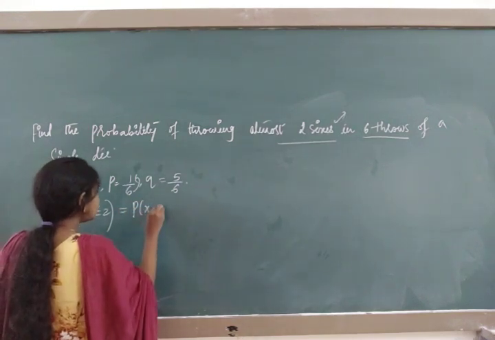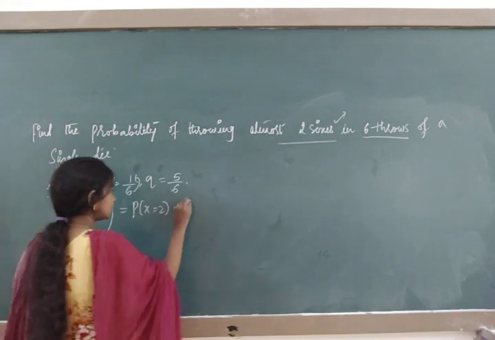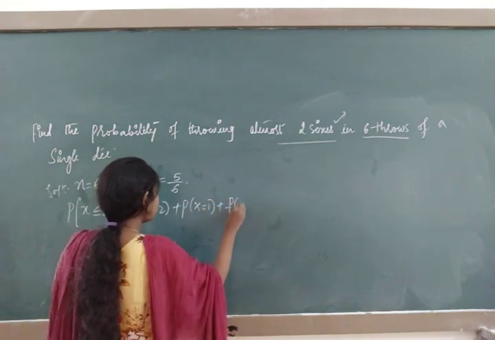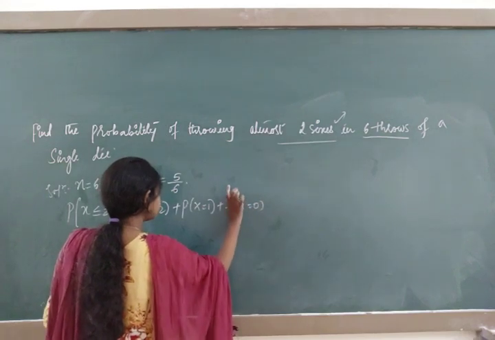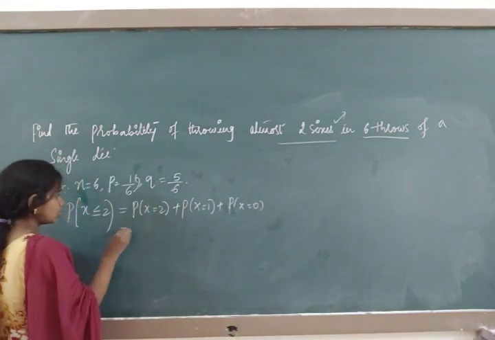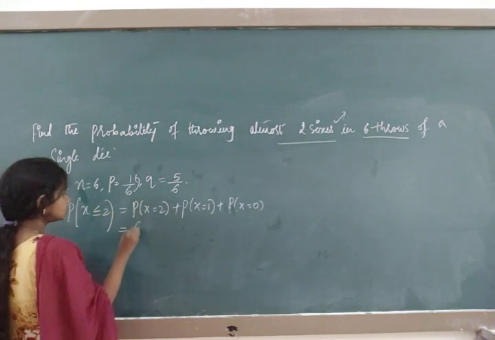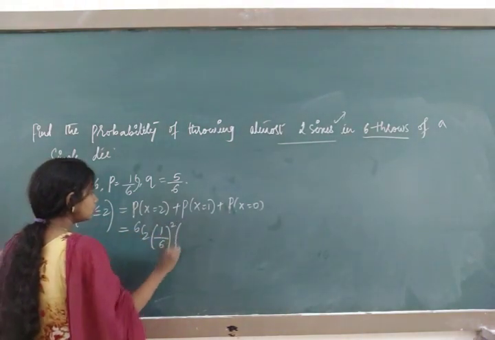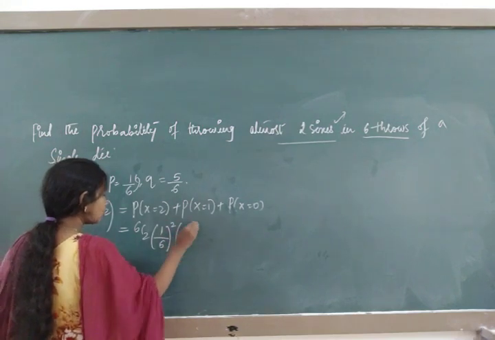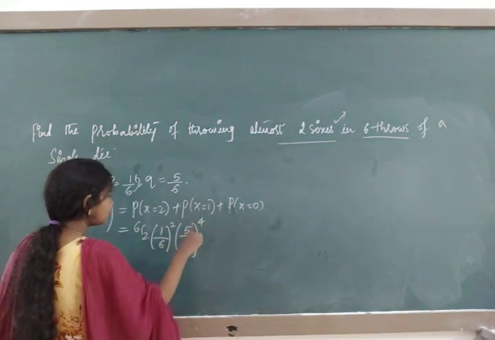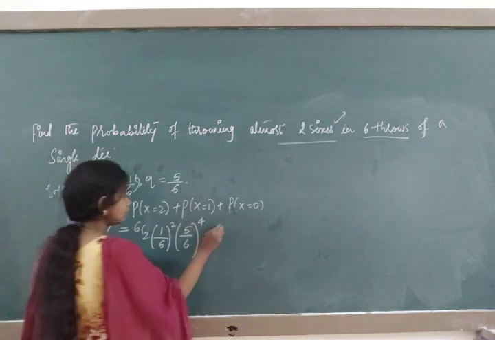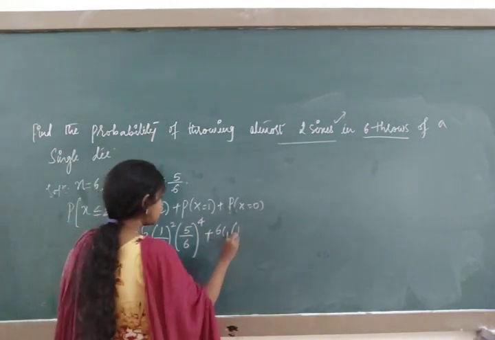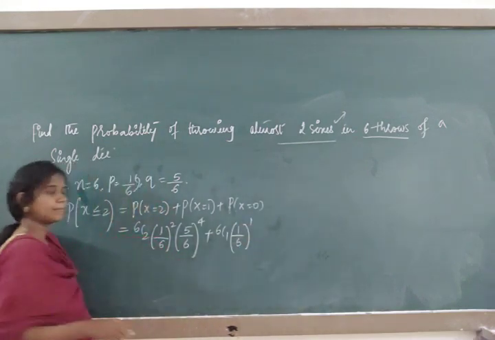P of x is equal to 2 plus P of x is equal to 1 plus P of x is equal to 0. So 2 means it's 6C2, 1 by 6 to the power of 2, 5 by 6 to the power of 6 minus 2, it's 4, plus 6C1, because 6 throws, into 1 by 6 to the power of 1.